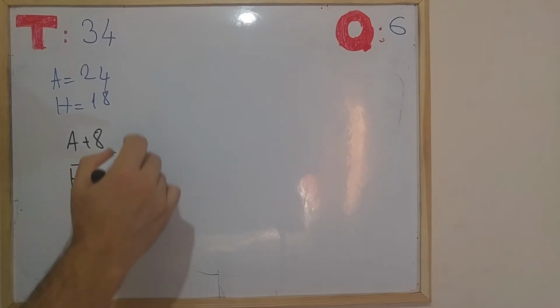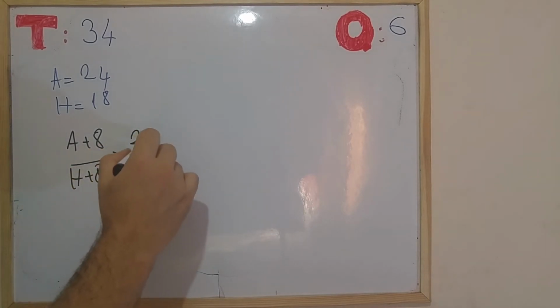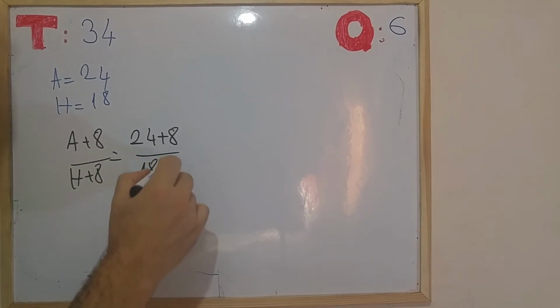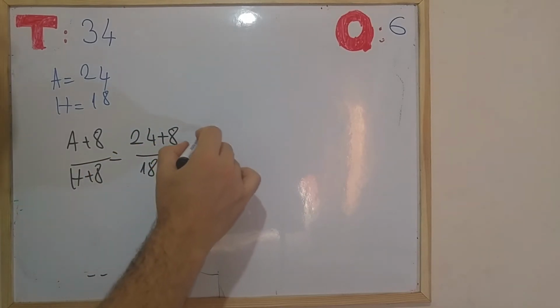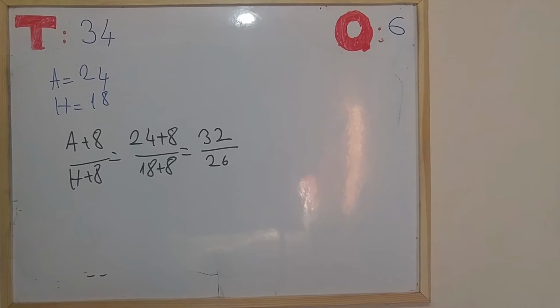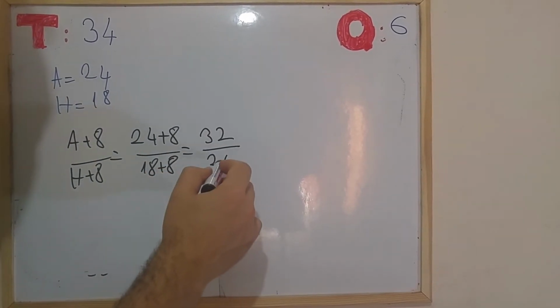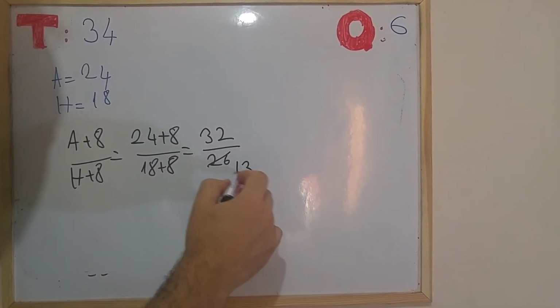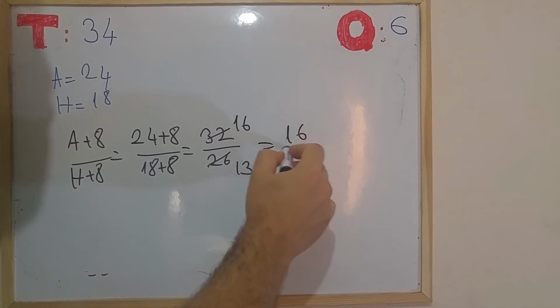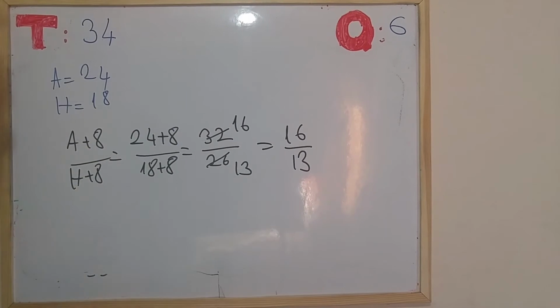So this ratio is going to become, in 8 years, 24 plus 8 over 18 plus 8, which is equal to 32 over 26. When I make the necessary simplifications, I can divide each side by 2, so this is going to be 13 and here going to be 16. So the answer is 16 over 13.